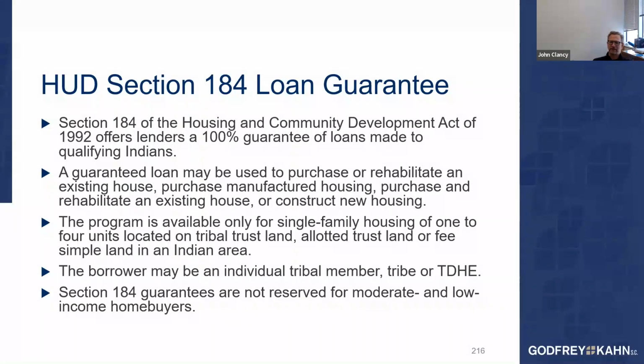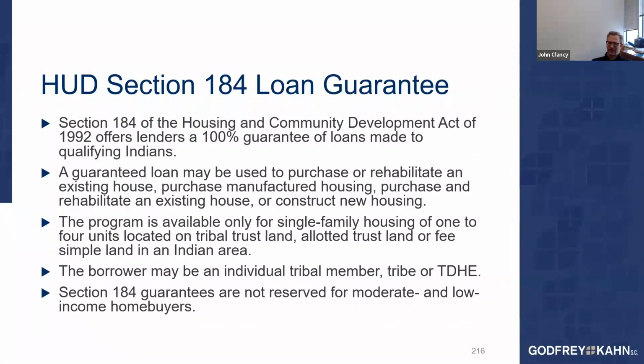The original idea of the program was mostly to deal with the situation where it's on trust land, whether tribal or allotted trust land. The banks were hesitant to lend money because of the inability to essentially get a true mortgage on the property, because, as we talked about before, there can't be any assignment of ownership interest in the land.